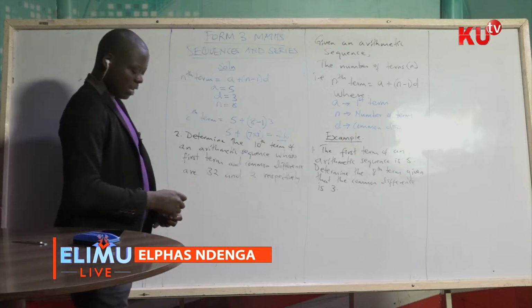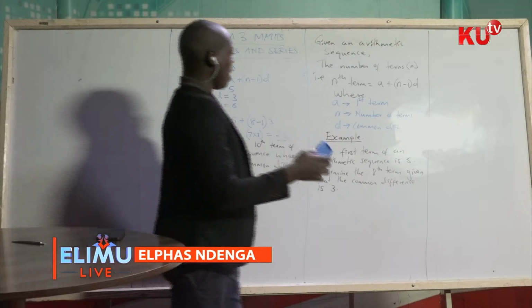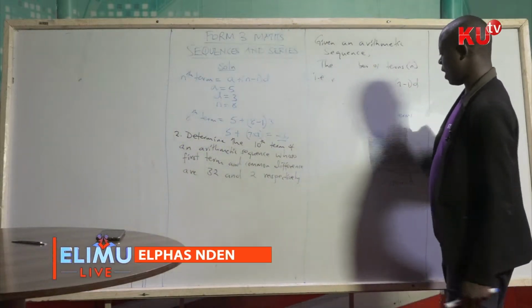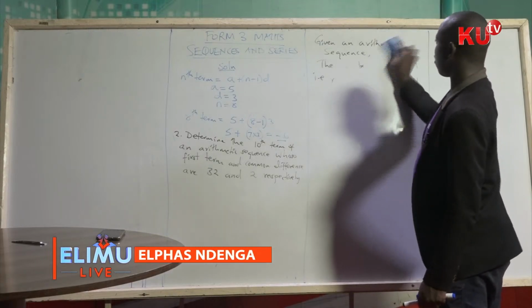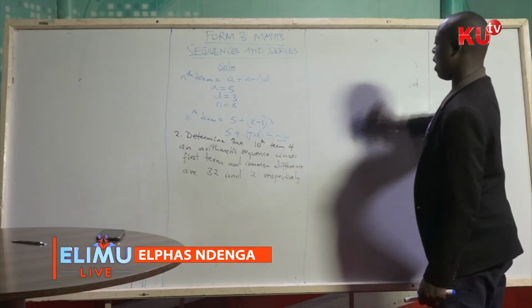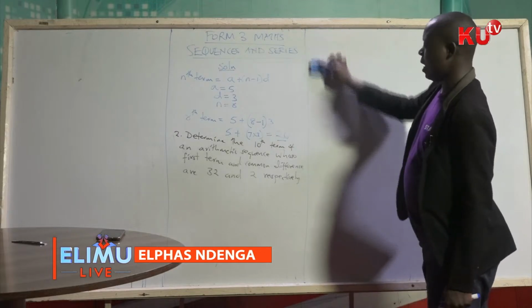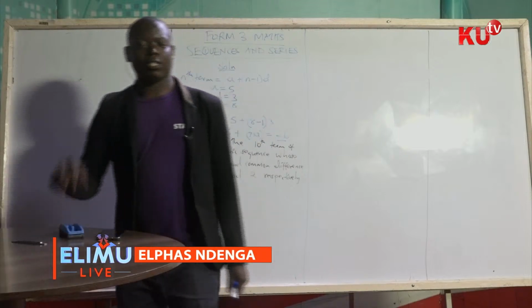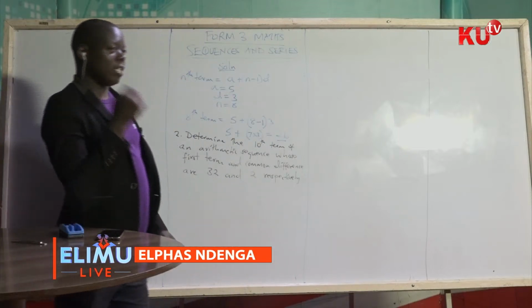Determine the 10th term of an arithmetic sequence whose first term and the common difference are 32 and 2 respectively.